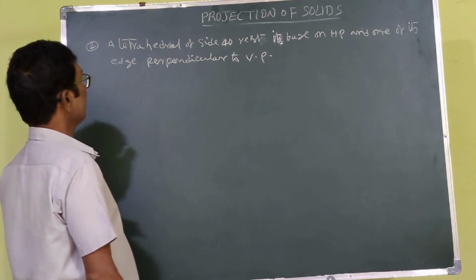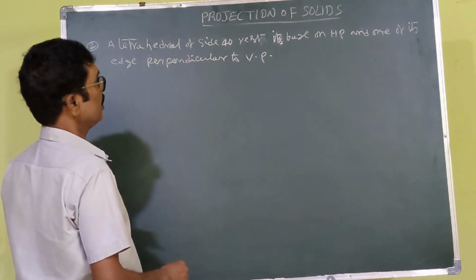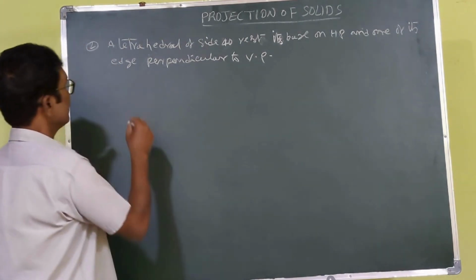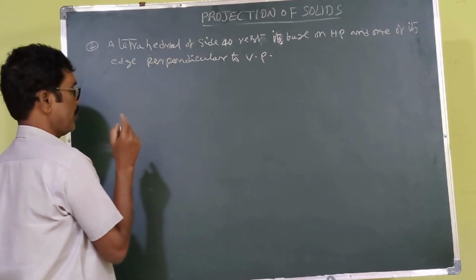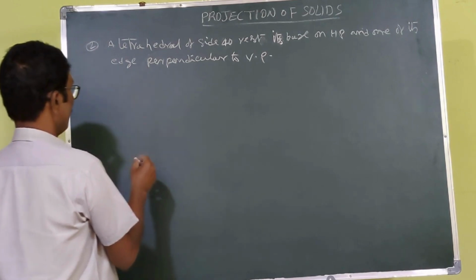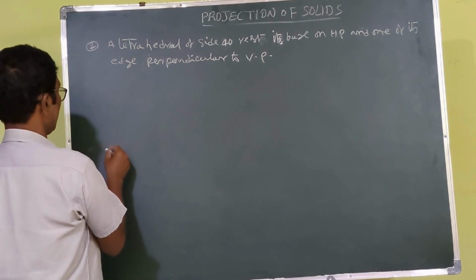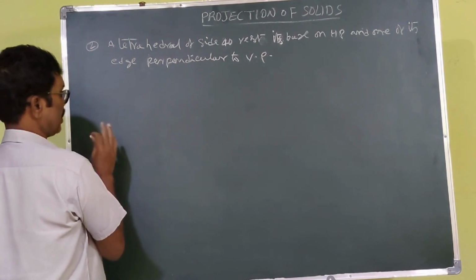A tetrahedron of side 40 rests its base on HP and one of its edges is perpendicular to VP. Okay. So we know that in the tetrahedron, all sides are triangles, four triangles.